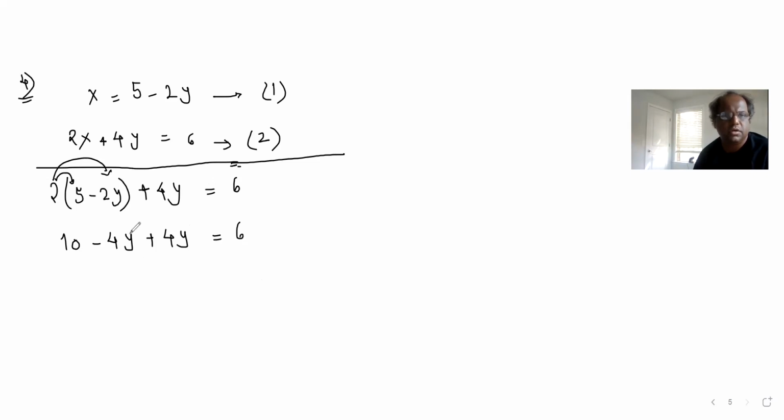And if you chop out, y is gone, and then you'll end up with 10 is equal to 6. Something is wrong, right? Is 10 equal to 6? No, false. So probably you want to retrace your steps.